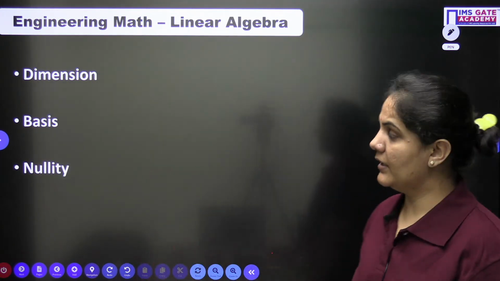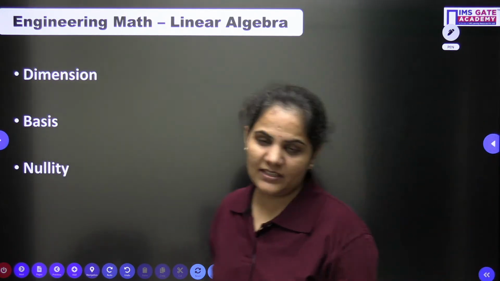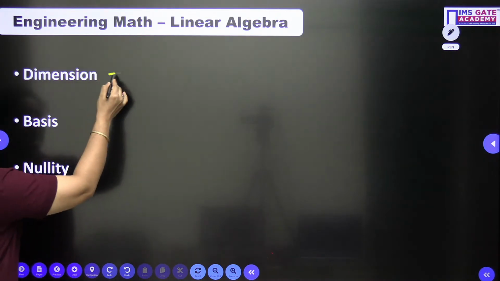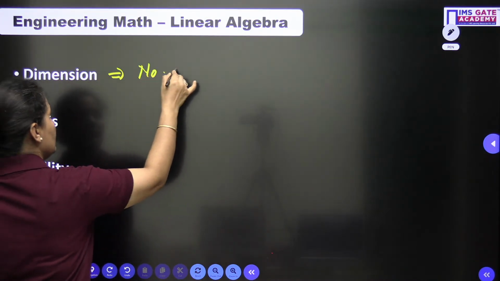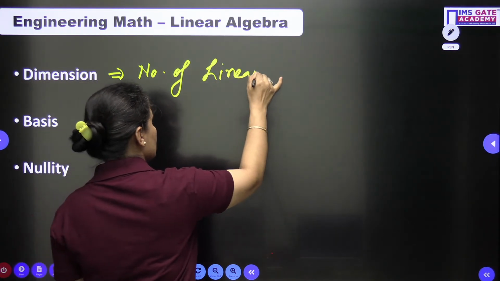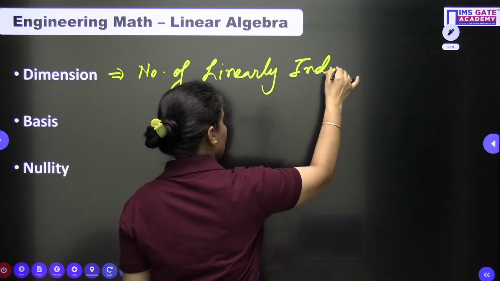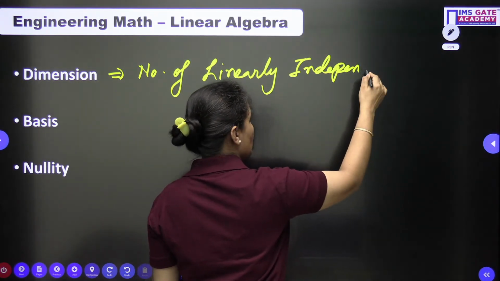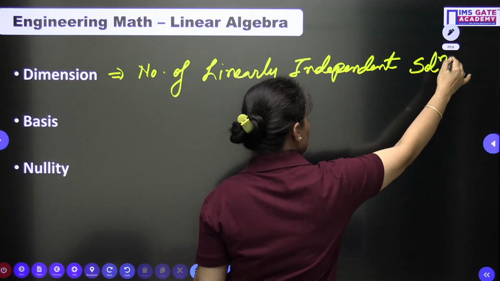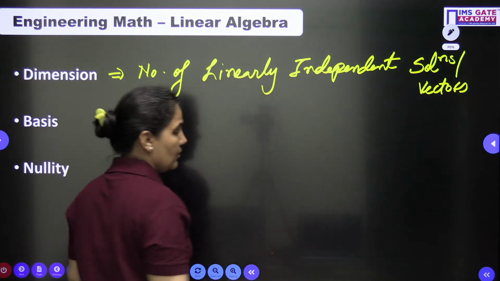Let's approach it. Now, what I am asking: do you know about dimension, basis and nullity? What is dimension? Dimension is the number of linearly independent solutions or linearly independent vectors in any matrix or in any system of equations.